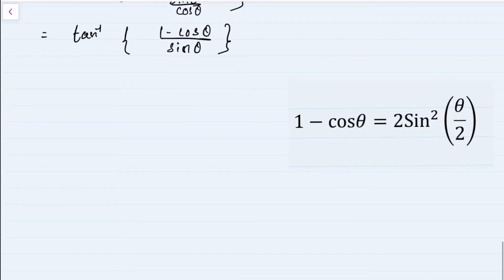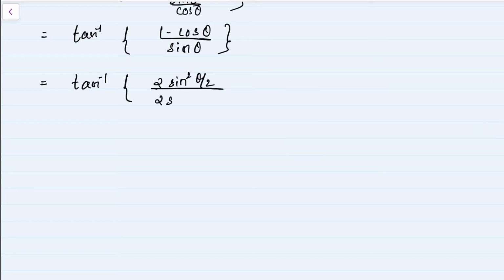Now we are already aware of this trigonometric identity. 1 minus cos theta is the modified form of cos 2 theta, where we can write 1 minus cos theta equals 2 sine square theta by 2, and sine theta can be written as 2 sine theta by 2 cos theta by 2.